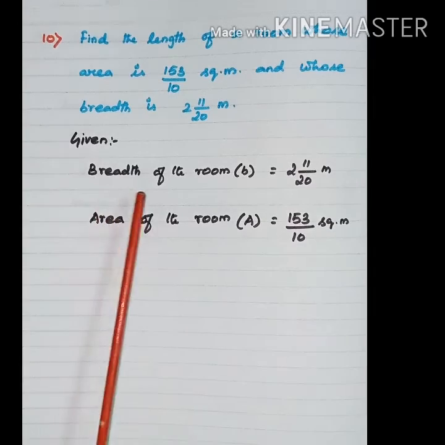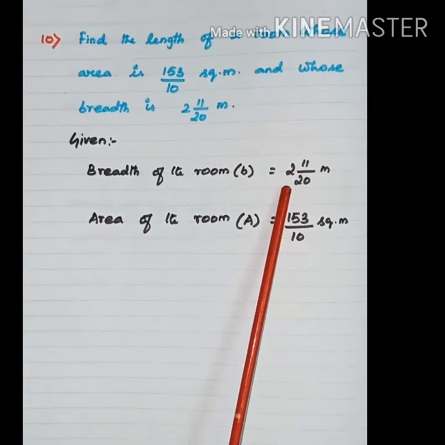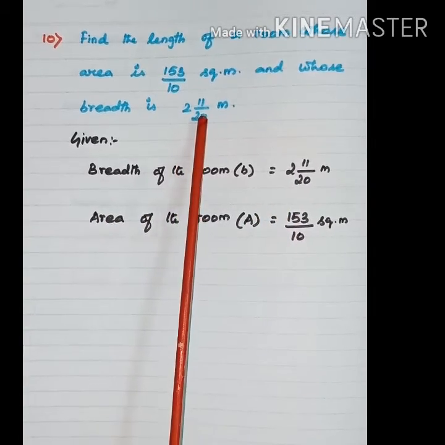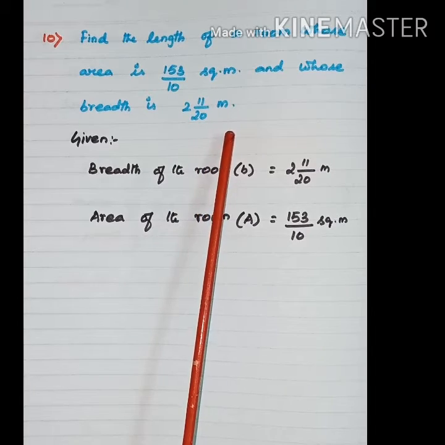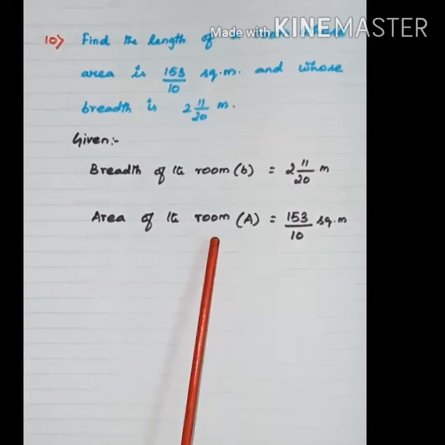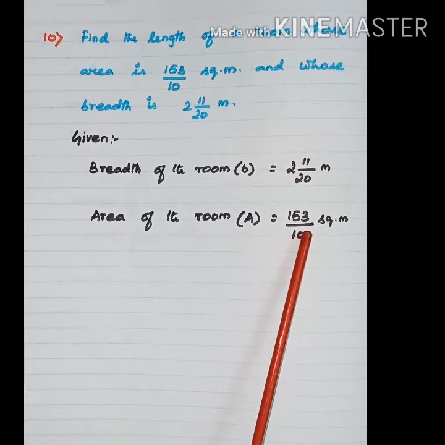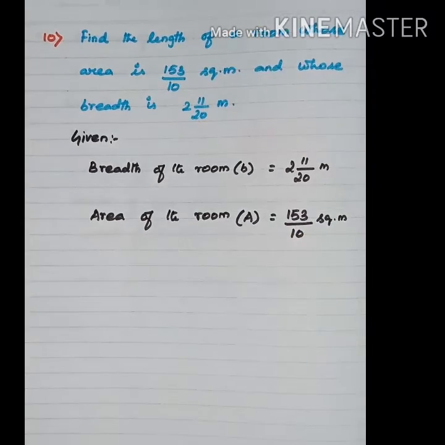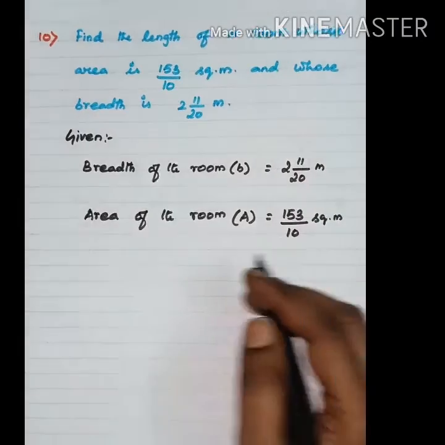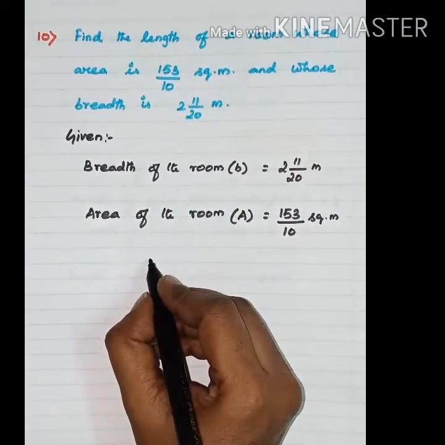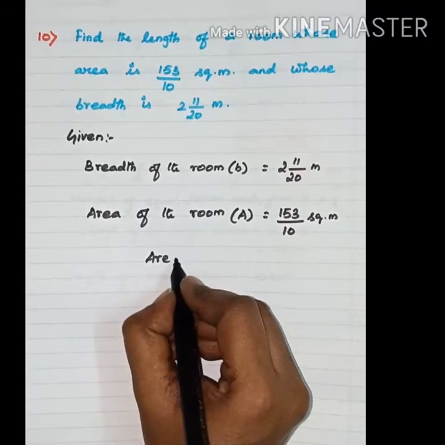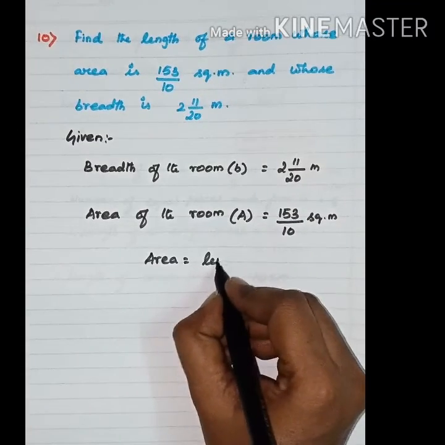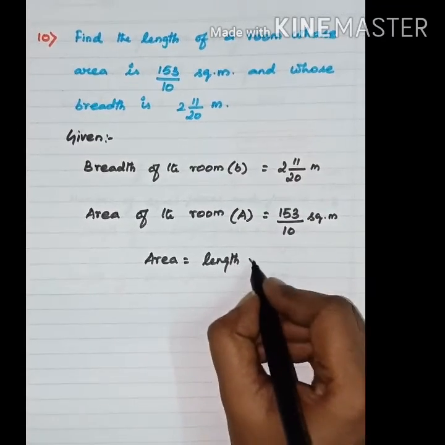Given, breadth of the room is equal to 2 1/20 meter. Area of the room is equal to 153 by 10 square meter. We know that area is equal to length into breadth.